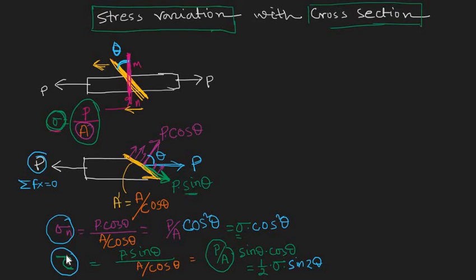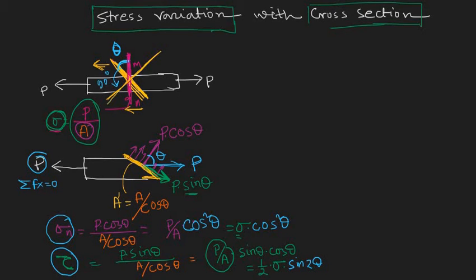Now what will happen if I take another section at an angular distance of 90 degrees plus theta? That means let's rotate this yellow section with 90 degrees. Okay, and now the yellow section becomes this one.